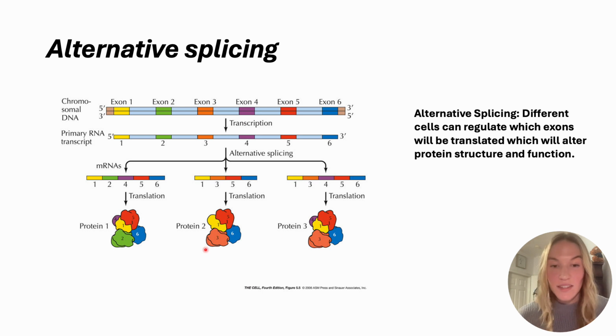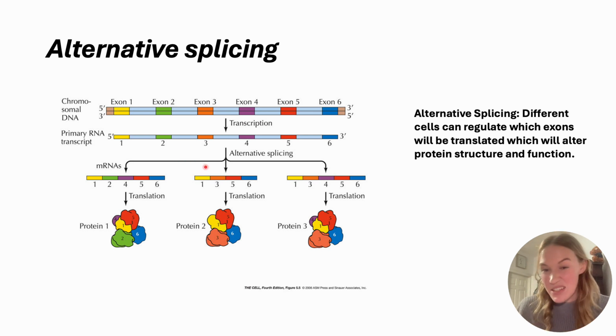Now, this is always going to result in different proteins, right? If I have a different sequence, that means it's going to bring different amino acids. Different amino acids mean a different protein. And so this kind of throws a wrench into what people thought was the original way the central dogma works. There was sort of this idea that there is one gene, one protein, and so this would be one gene, but it actually results in 3 proteins.